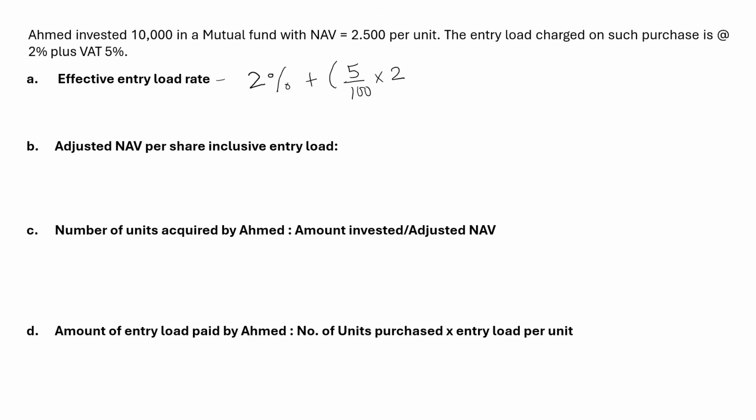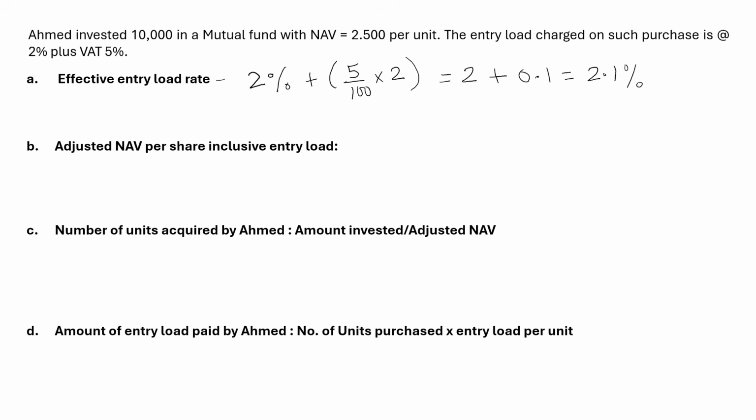So 5% of 2, how much will it come? It will come 2 plus 0.1. So what is our effective entry load rate? It is 2.1%.